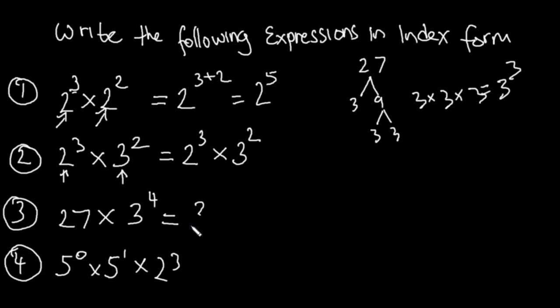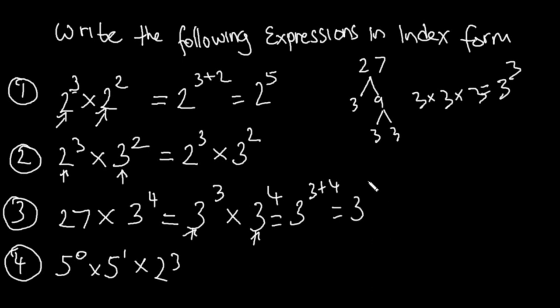So we have here our 3 to the 3 multiplied by 3 to the 4. And so notice here our bases are the same. They're both 3. So we can just go ahead and add our powers. So we have 3 to the power of 3 plus 4, which is 3 to the power of 7.